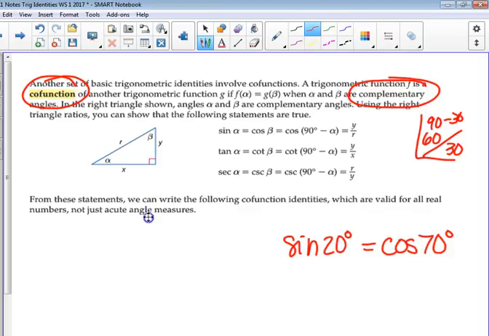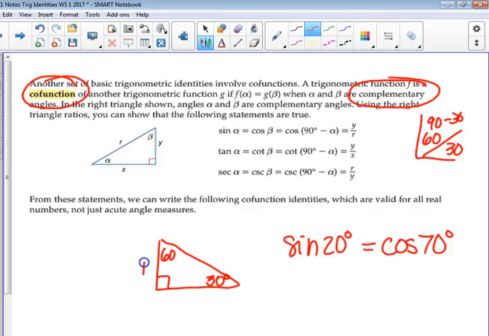By the way, guys, it's not really as tricky as you think. If you have a right triangle and you do 30 degrees here, and you do opposite over hypotenuse, and you go to the complementary angle up in this corner, isn't that the same as adjacent over hypotenuse from that corner?